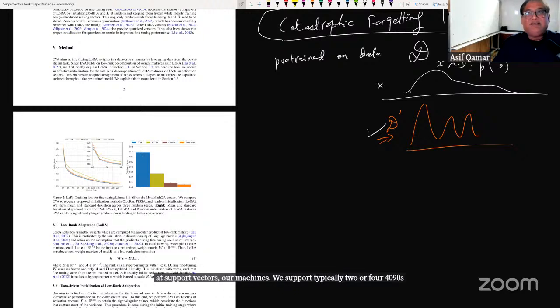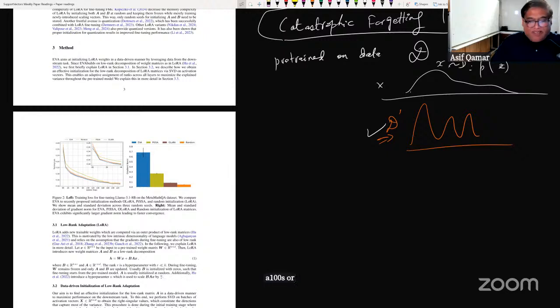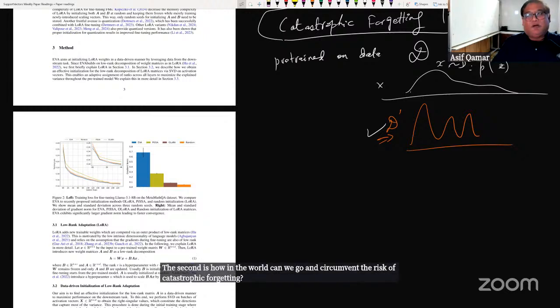So can you fine-tune a model on that? Or on some machine which has just one server with 8 A100s or 4 A100s. Reasonable hardware. That is one goal. The second is, how in the world can we circumvent the risk of catastrophic forgetting? So two problems. How do we solve that?